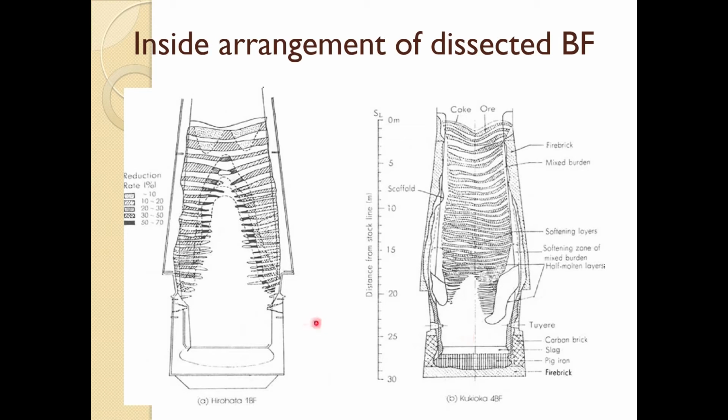One can read those, but what it is pointing out, see, when they operate in a different way, the cohesive zone, this is actually a cohesive zone which is like a semi fused iron and slag and coke layer, and here this is the cohesive zone. A very big difference between these two. While this extends up to the stack region on top of that almost, and this is just below the stack region.